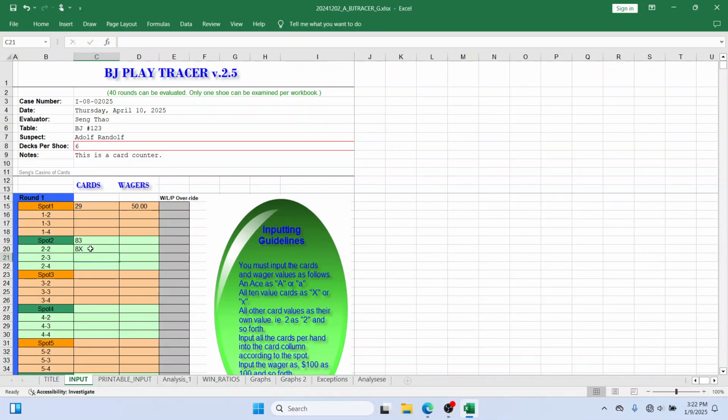Okay, if they received another 8 and they decide to split that, we will input it in this way. This hand received a 2, and say this hand received a 7.